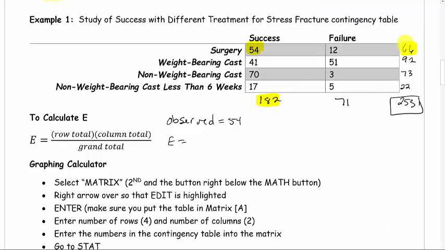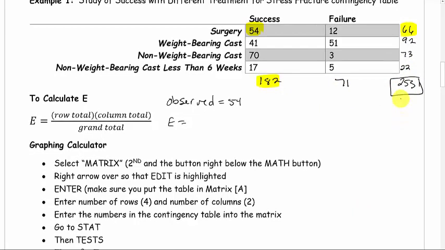I have the row totals filled in over here on the right, and the column totals filled in on the bottom, and this is our grand total down here in the corner. So for this one, it would be 66 times 182 divided by 253. If we put that into our calculator, we get 47.478.